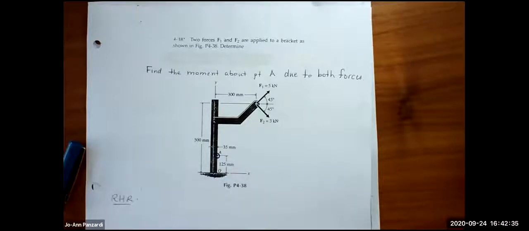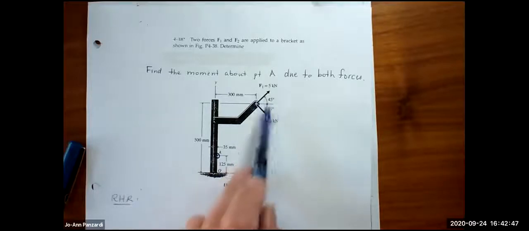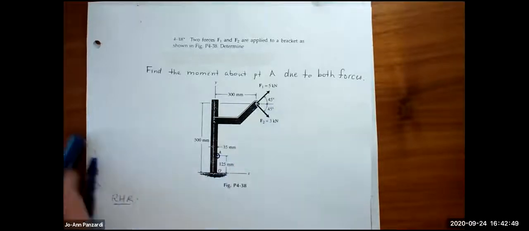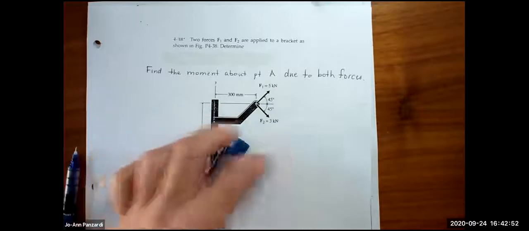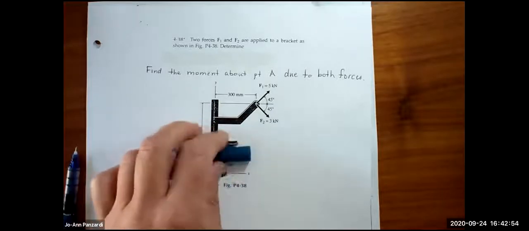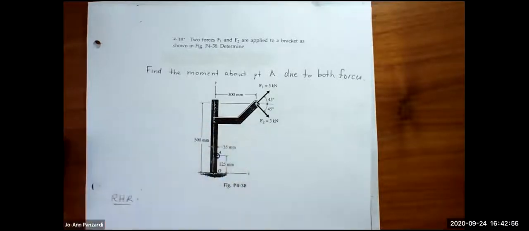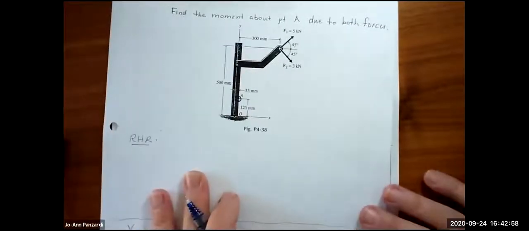Right now, just like we practiced finding resultants, we're practicing finding moments, because when a force is applied to a certain point, this other point is being caused to spin.